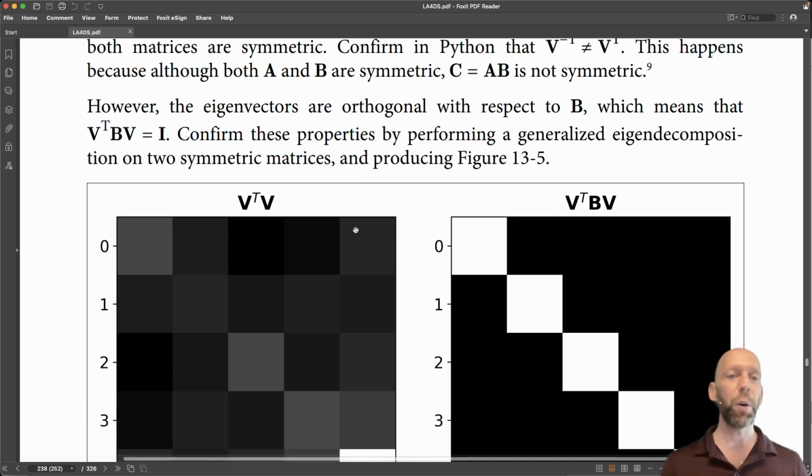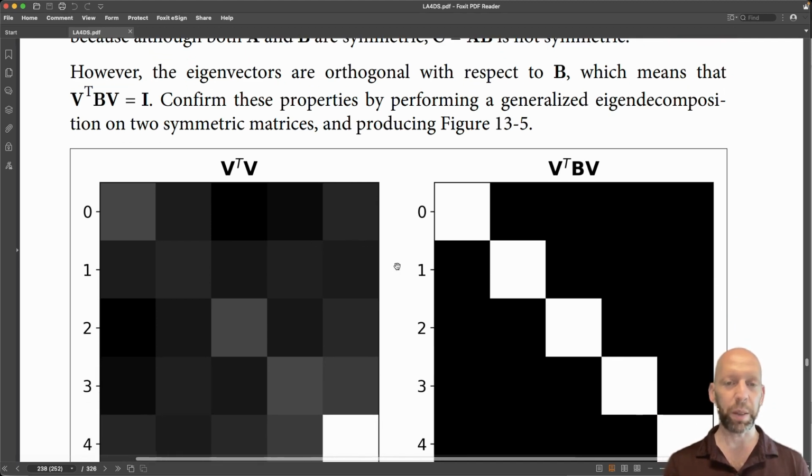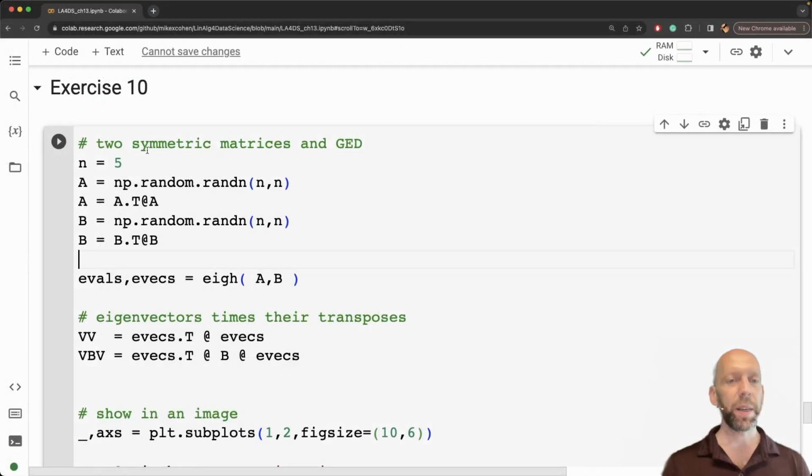The goal of this exercise in code is to produce this figure, which will illustrate this property of generalized eigendecomposition. Here is the code. I'm creating two random symmetric matrices. So the matrix A equals A transpose A, which is a random number matrix times itself.